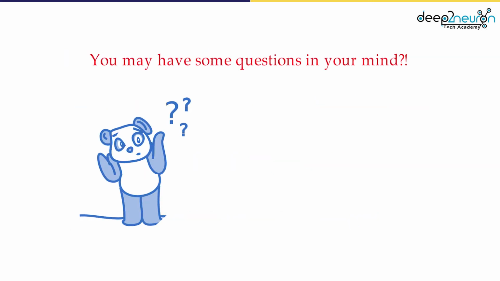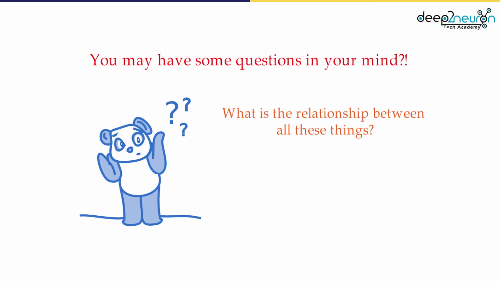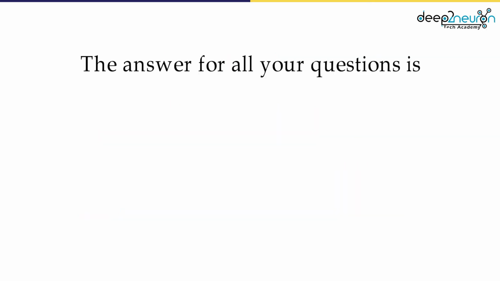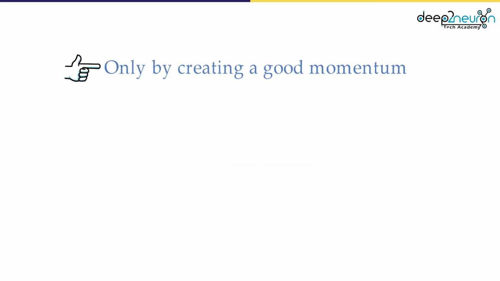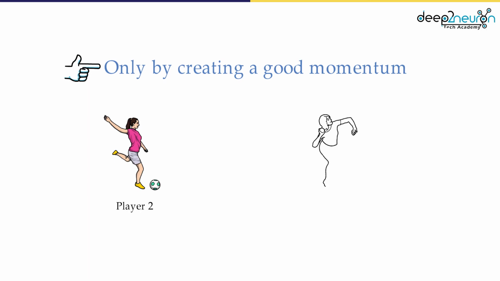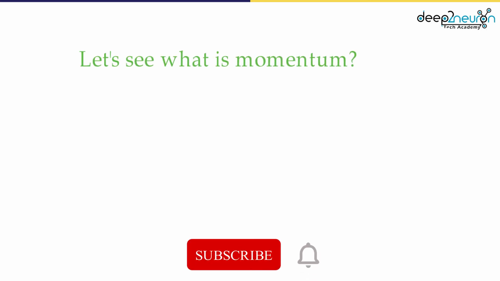Now, you may have some questions in your mind. What is the relationship between all these things? How does the breaking of the glass depend on velocity and mass? Well, the answer to all your questions is momentum. Only by creating a good momentum, player 2 and player 3 won the competition. Let's see what momentum is.